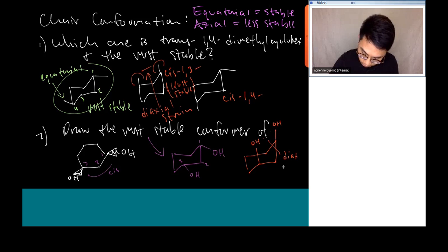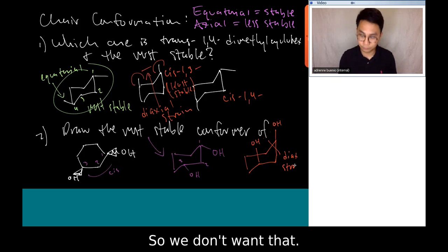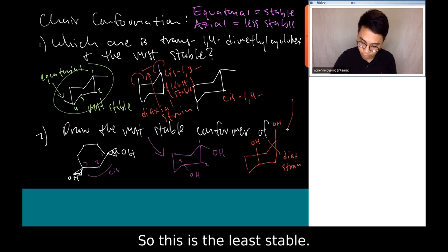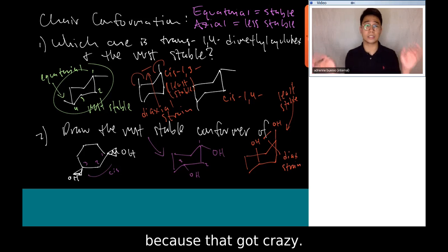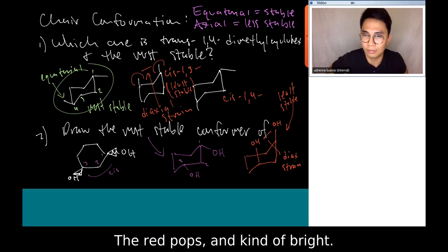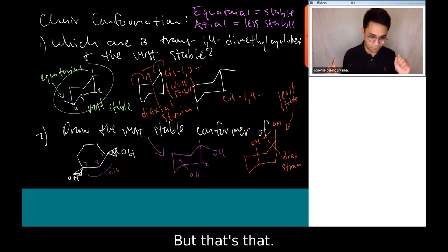So we don't want that. So this is the least stable. Okay, hopefully you guys are following along. The red pops, and it's kind of bright. But okay, so that's that.